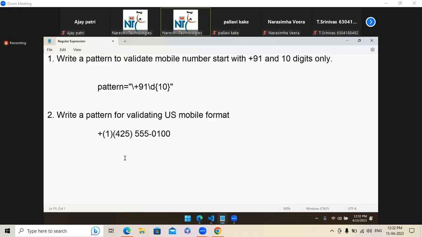Now, these 3 digits are any 3 digits. These 3 digits, any 3 digits. These 4, any 4 digits. It's not 555 or 425, any digits. Only standard is +1. And usually a pattern will not allow parenthesis.